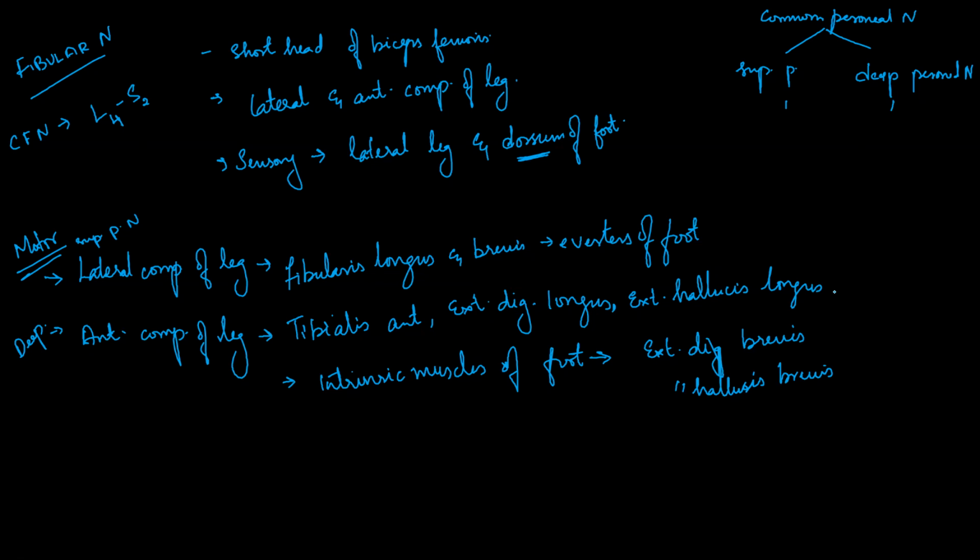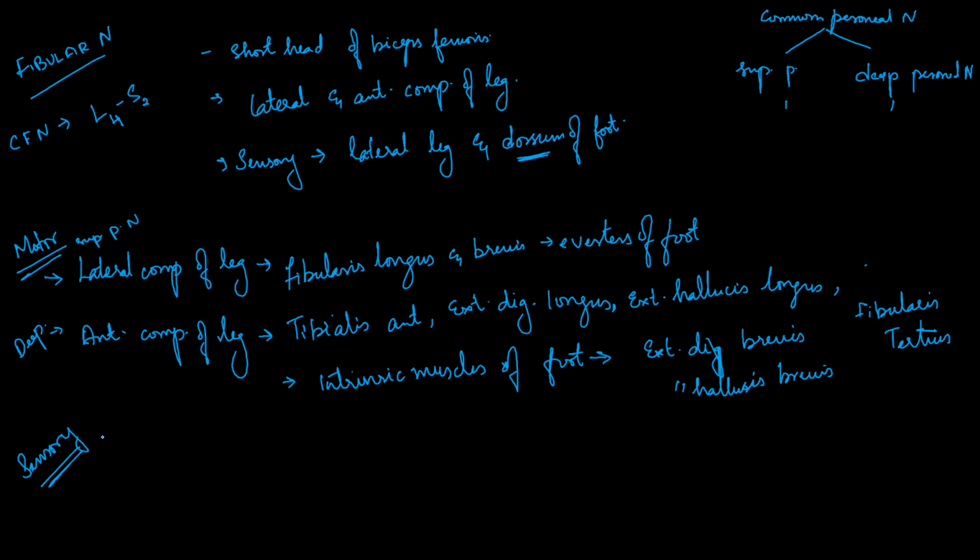And there is one more muscle called fibularis tertius or peroneus tertius. It is also supplied by the deep peroneal nerve. Next one is the sensory supply.